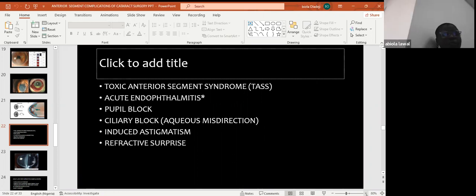You can have refractive surprise when you have poor visual outcome from high refractive error, and that can be from biometric error. And sometimes when it is very significant, they may need to do IOL exchange. In such patients, sometimes a piggyback IOL has been talked about to manage this, or the patient could have refractive surgery done.